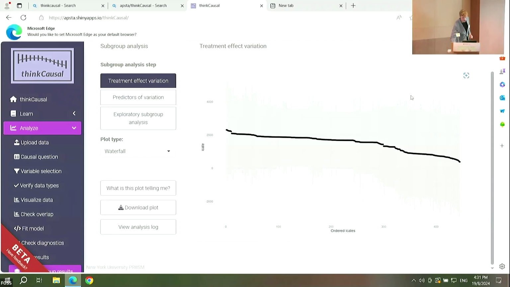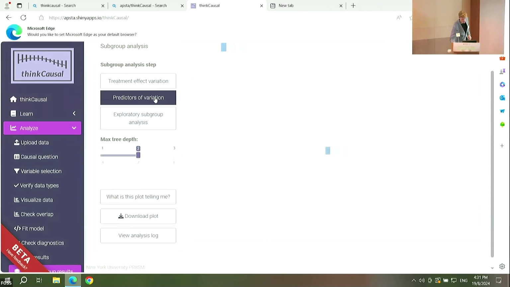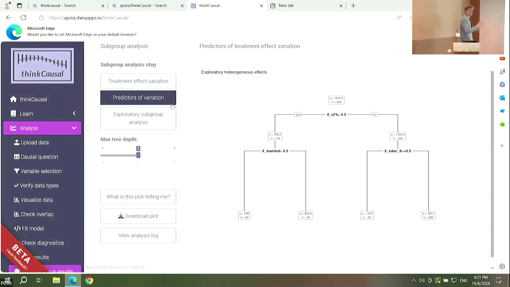And so if we go to predictors of variations, we're going to fit a simple regression tree on those individual predicted effects. It's going to give us a nice starting point of where to look in terms of moderation effects. Here, things at the top of the tree explain the most variance.